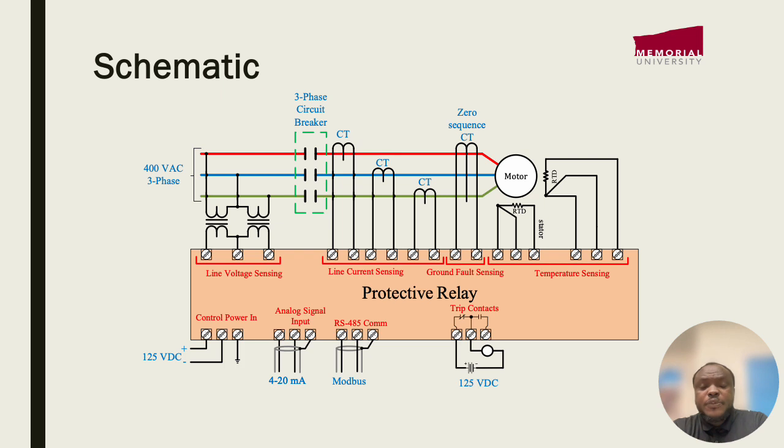It issues a trip signal to the CT for the CT to trip and conveniently take the fault out of the system, which is later restored when the fault is cleared. So the idea is to protect whatever loads we have connected to the power system, and this relay works in conjunction with the circuit breaker to help achieve this coordination.